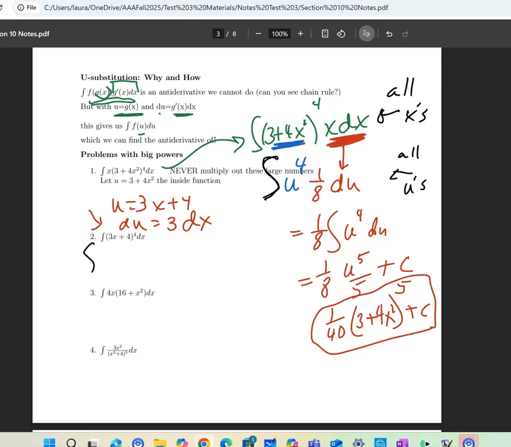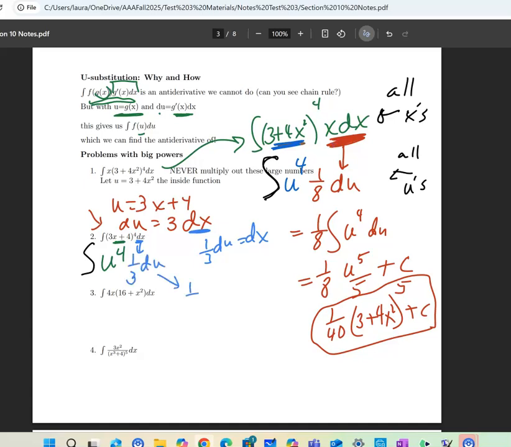Again, all we carry along is the integral sign. So I'm going to put the u in, so I have u to the fourth. Now I have a dx here that I want to replace. Here's the dx. So if I multiply by 1/3, I get dx is equal to 1/3 du.